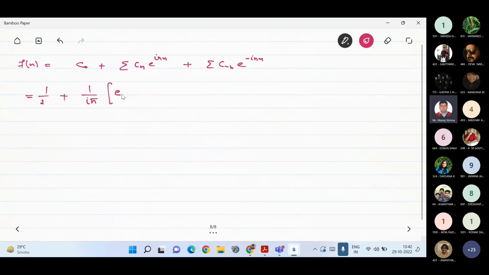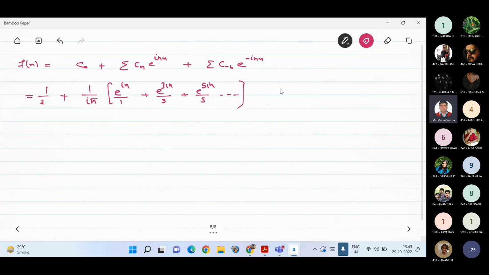So it will be, if n is 1, e raised to the power iota x divided by 1, plus e raised to the power 3 ix divided by 3 plus e raised to the power 5 ix divided by 5, and so on.